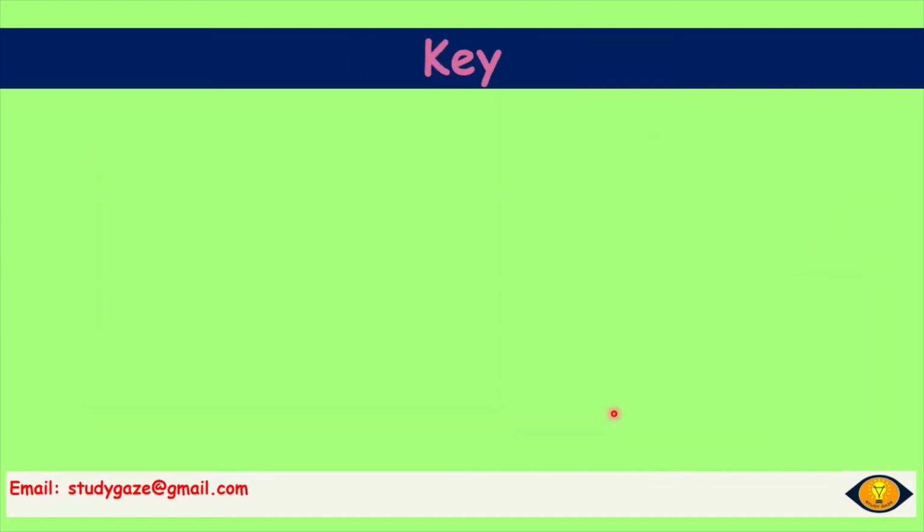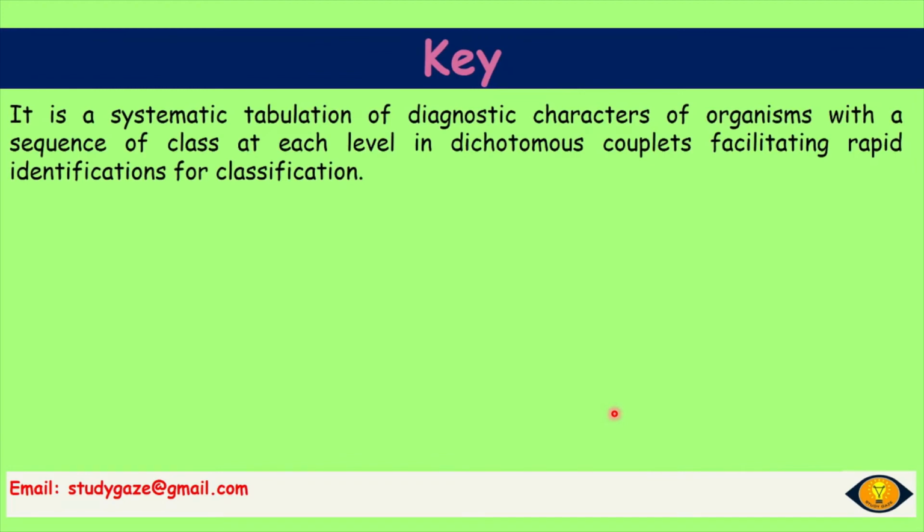Let's talk about key. It is a systematic tabulation of diagnostic characters of organisms with a sequence of characters at each level in dichotomous couplets, facilitating rapid identification for classification.